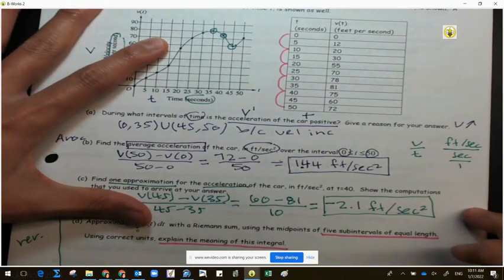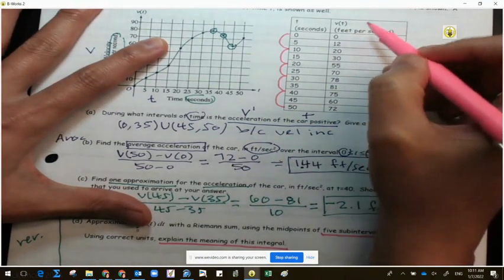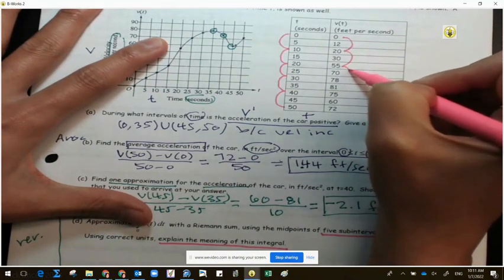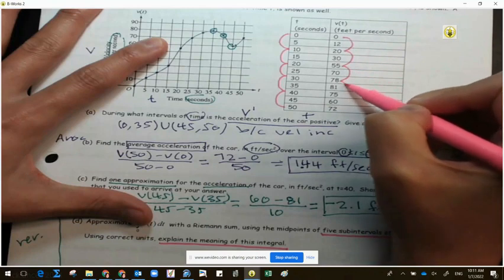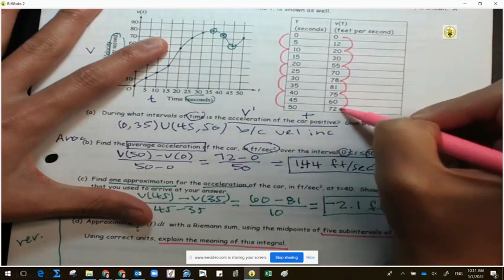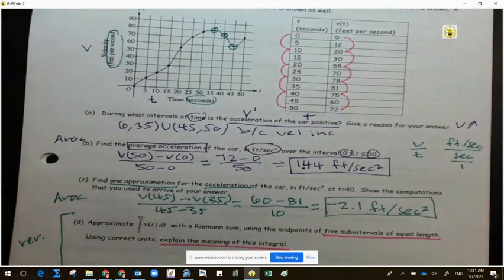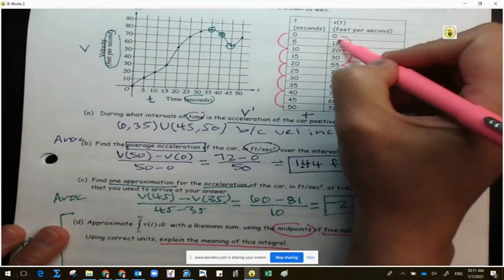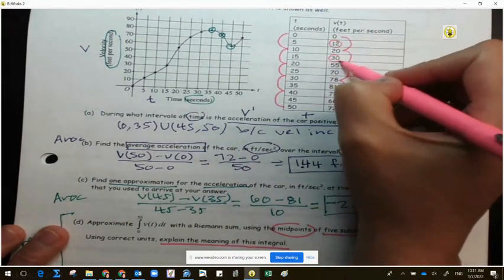Any questions there? If you want to do the same thing, go ahead. And which Riemann sum are we asking for? Midpoint. And that midpoint is the middle number. So let's circle the middle number on each subinterval.